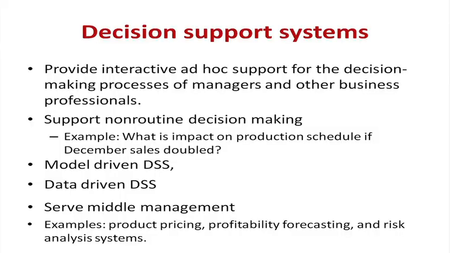Your airline tickets have a shelf life. After the shelf life, they become useless. So, within the shelf life, they try to manage and provide an analytical model, so that the price automatically gets changed. Similarly, profitability forecasting and risk analysis are all examples of decision support.